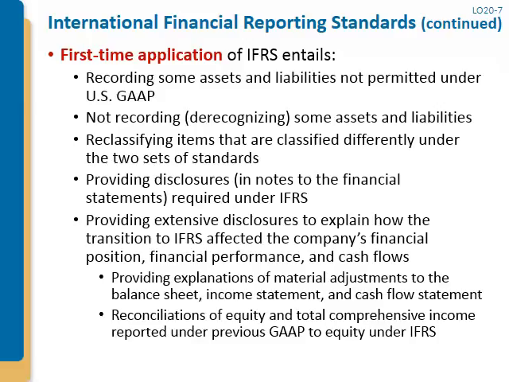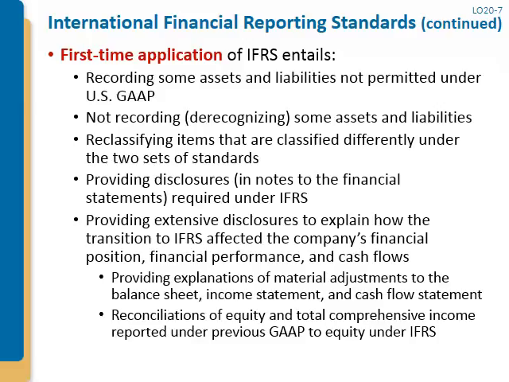Not recording or de-recording some assets and liabilities, for example, an intangible asset for research expenditures permitted under U.S. GAAP but not IFRS. 3. Reclassifying items that are classified differently under the 2 sets of standards. For instance, reclassifying some preferred shares from shareholders' equity classification under U.S. GAAP to liability classification under IFRS.